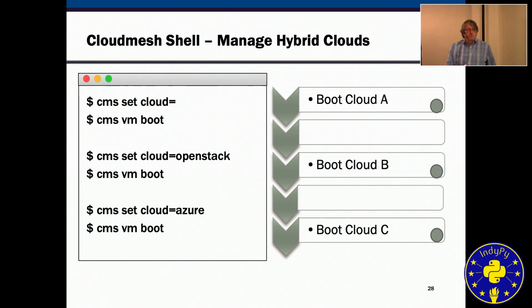So I can remember CMS VM boot, while I can't remember anything else anyways. And this looks up in your YAML file the default images that you would like to use. And we have made very good experience with this because at times the Amazon cloud went down, so we switched to an Azure cloud, or the OpenStack cloud was not available, and we switched to an Amazon cloud.